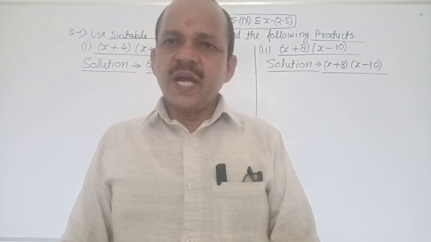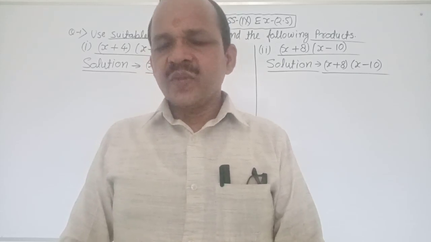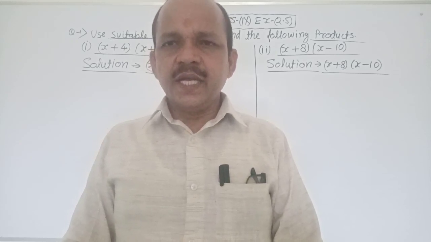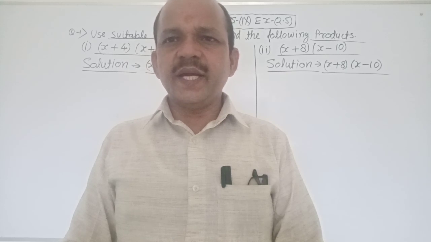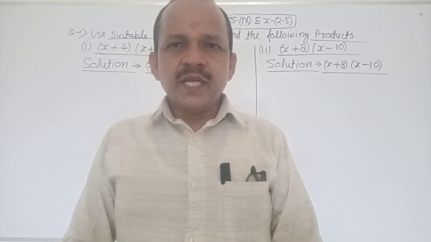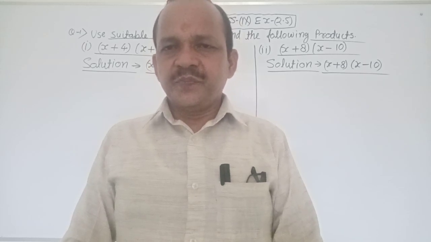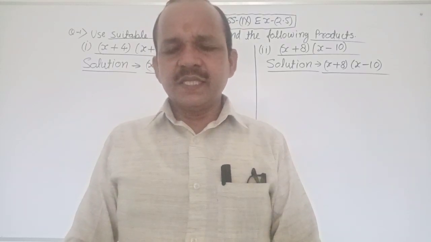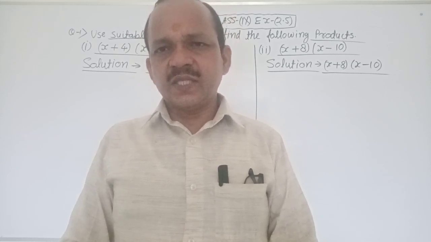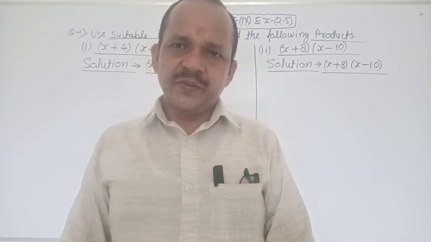A cube minus b cube equals in first brackets a minus b, in second brackets a square plus b square plus ab. Next, a cube plus b cube equals in first brackets a plus b, in second brackets a square plus b square minus ab.